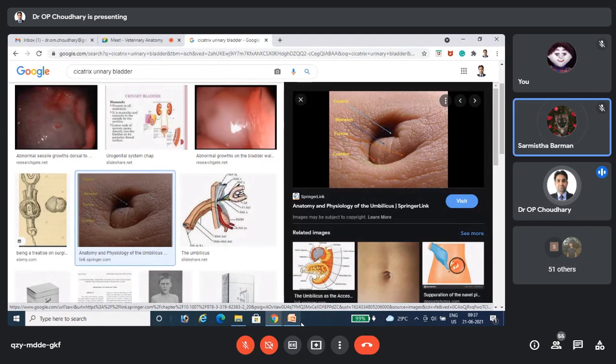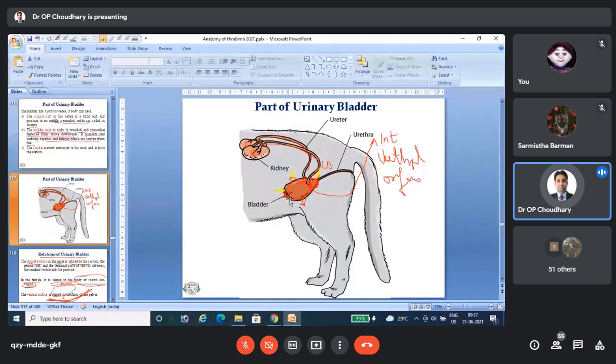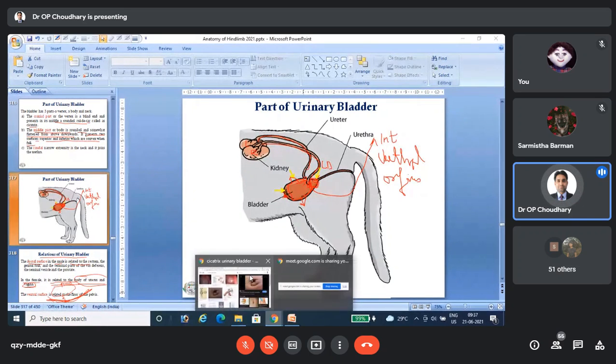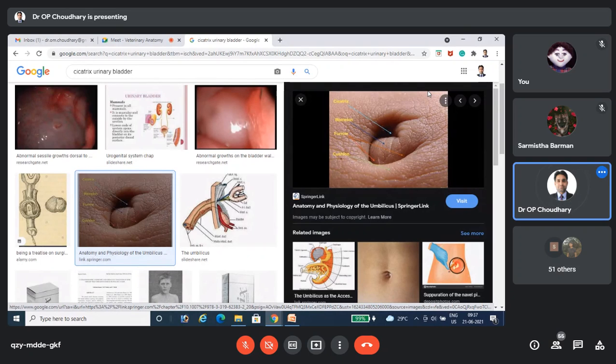Yes, sir. Okay, this is the urinary bladder here. When you look at this portion from the cranial part, the cranial part looks like this. This part is called the cicatrix or the cul-de-sac. It is not an opening into the urinary bladder. It is only a depression over the cranial part of the urinary bladder, present over the vertex of the urinary bladder. Got my point? Yes, sir.